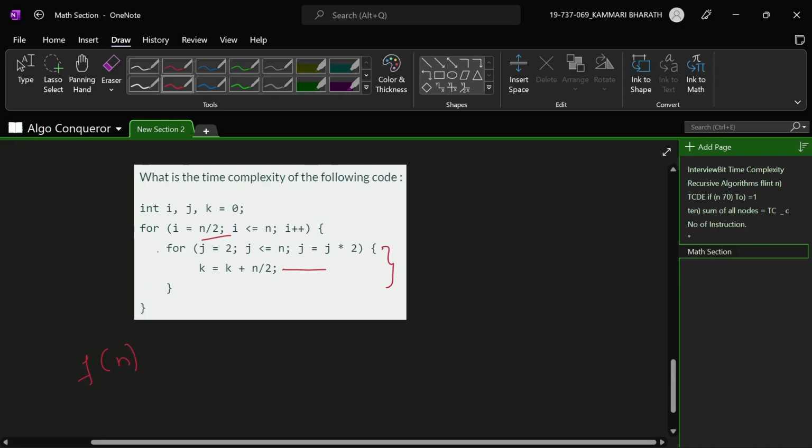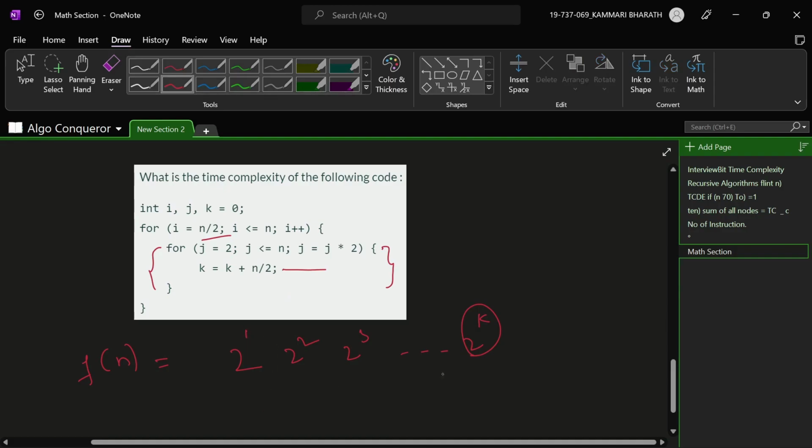This function is for only this loop. So j is initially 2 and it's going on incrementing until j reaches n. J was 2 and then it becomes 2 square, then 2 cube and so on, 2 power k, and 2 power k becomes finally n.